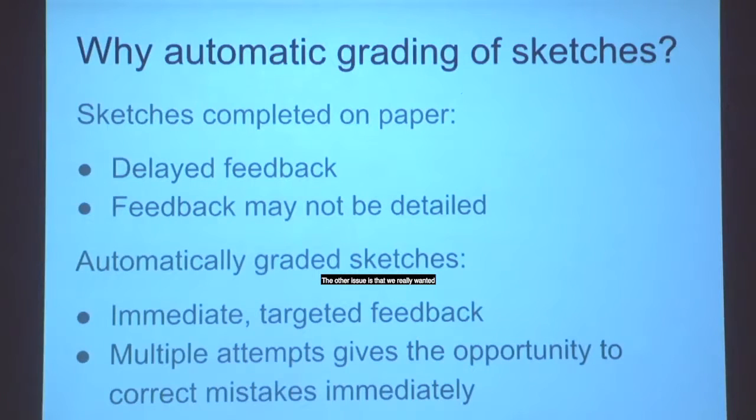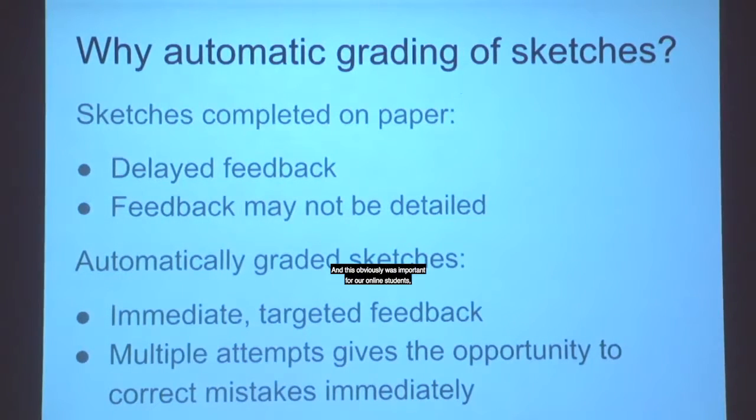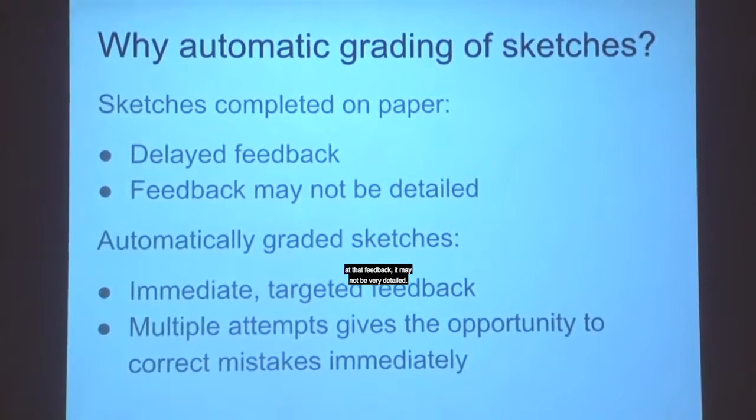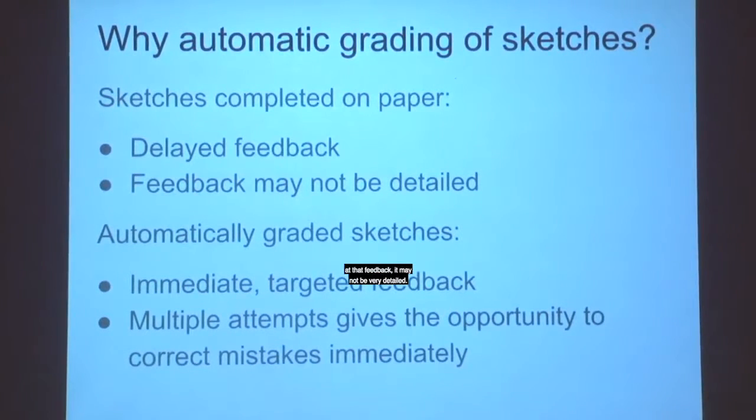The other issue is that we really wanted to be able to automatically grade sketches. This was important for our online students, but also for our residential students here on campus. Typically these are graded on paper, they're submitted, and there's a delay in the feedback that the student gets. If they even look at that feedback, it may not be very detailed.